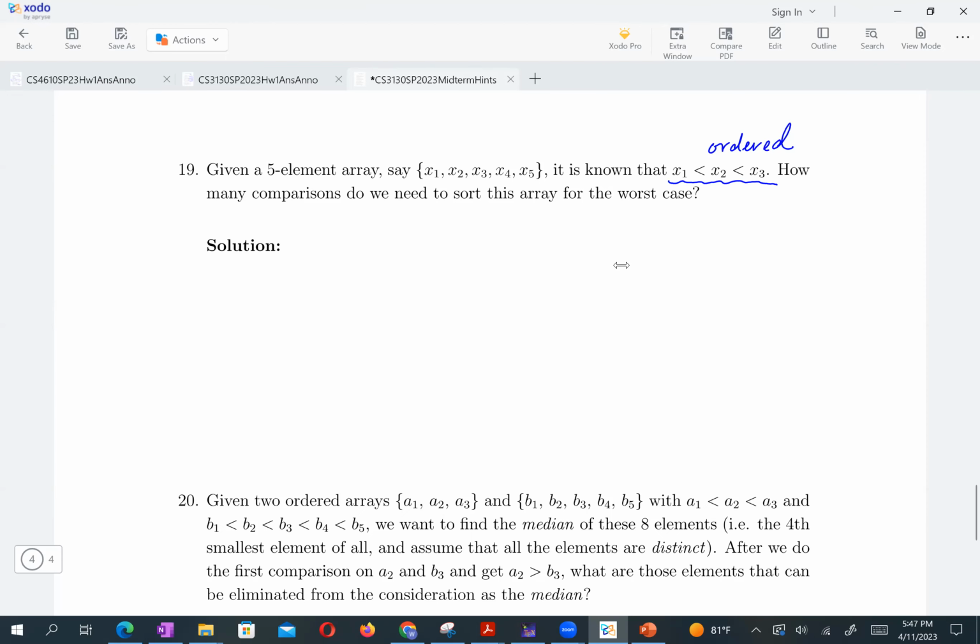Then I will go to sort the whole array, but what is the remaining work? Because we sorted a subarray, this array is partially sorted. So we need to complete the remaining work.